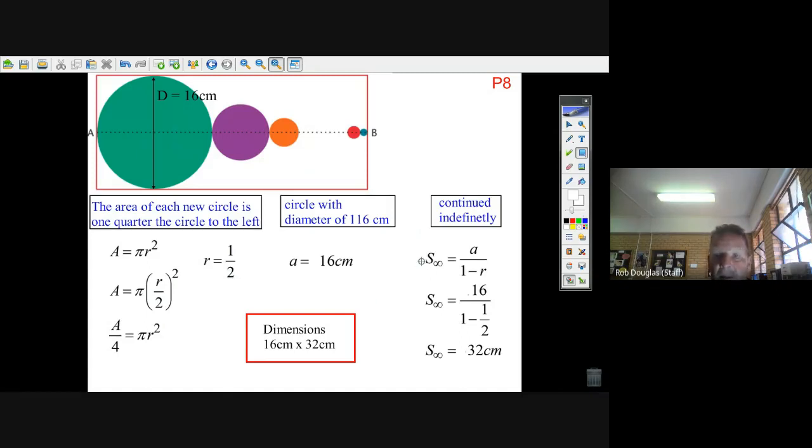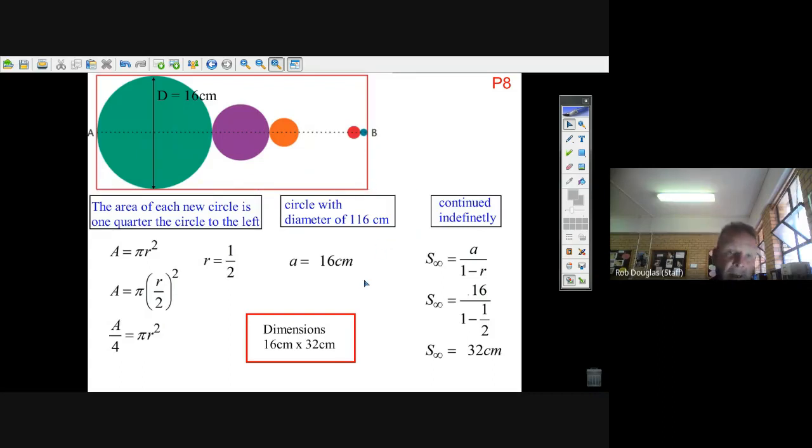Well, this is an infinite geometric series where the first diameter is 16, and then we're multiplying by a half each time. So we go 1 minus r. That's our common ratio. 1 minus a half is a half. 16 divided by a half is 32. And that's our answer. So there's the dimensions of this rectangle. 16 and the length must be 32.